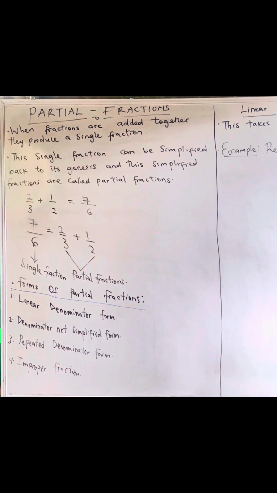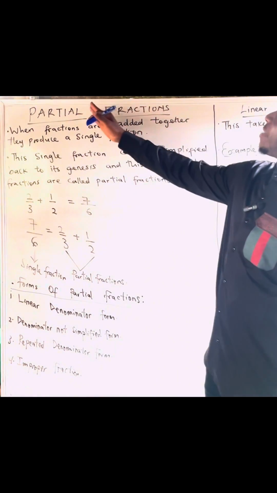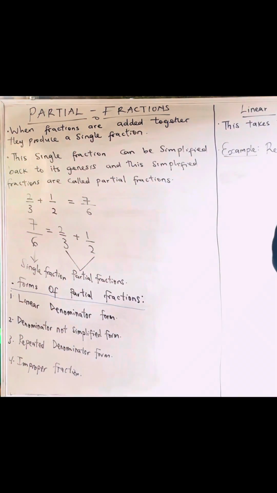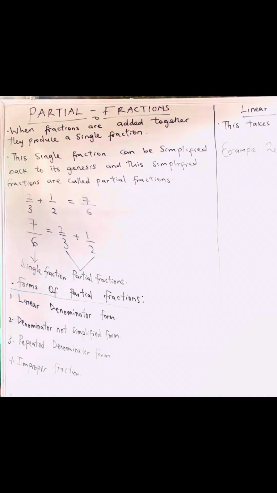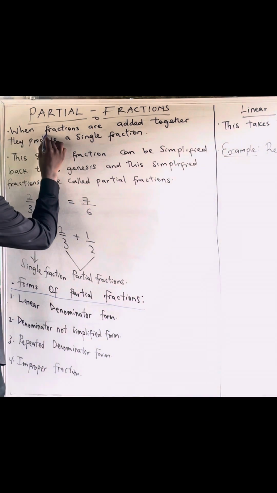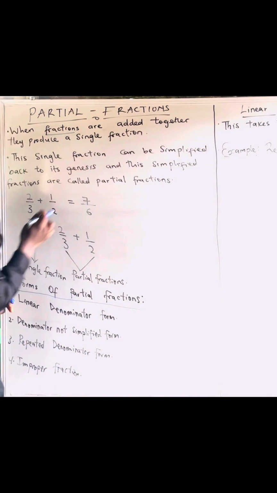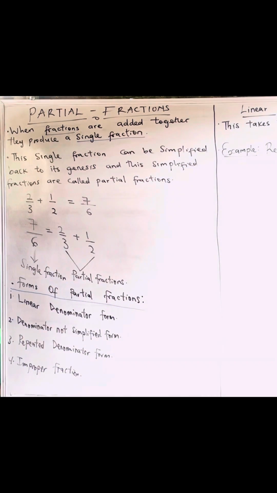Good day, guys. So in this particular video, we are going to be talking about partial fractions. If we are talking about partial fractions, we have to understand some basics. The first is that when fractions are added together, they produce a single fraction.